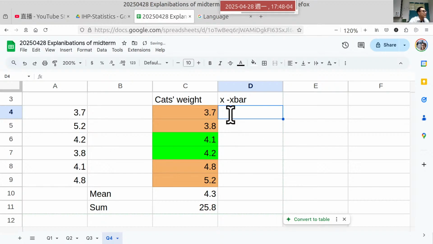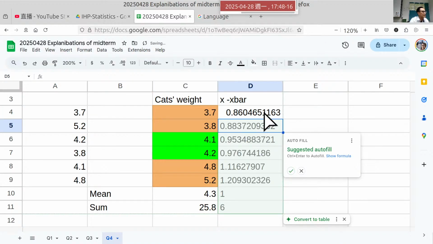Type equal, click here, that is C4 minus 4.3, and click.